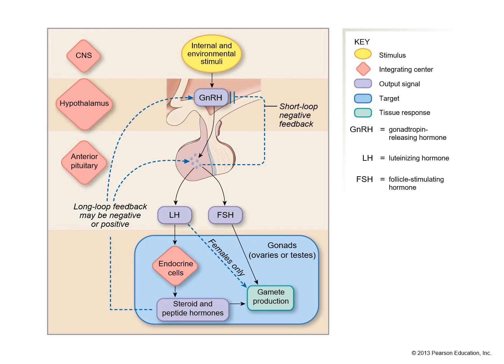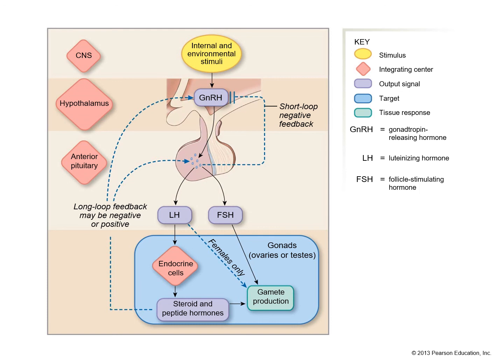So at the hypothalamus, when there is an internal environmental stimulus, the gonadotropin releasing hormone is expressed that then stimulates the secretion of LH and FSH from the anterior pituitary gland. And this LH and FSH has an impact on the gonads. So FSH is follicle stimulating hormone that then tells the testes and the ovaries to start producing gametes.